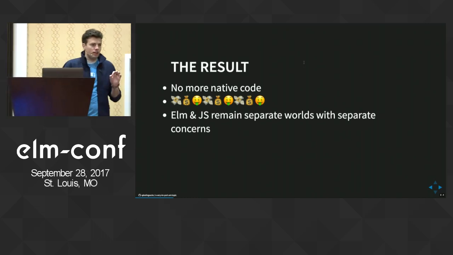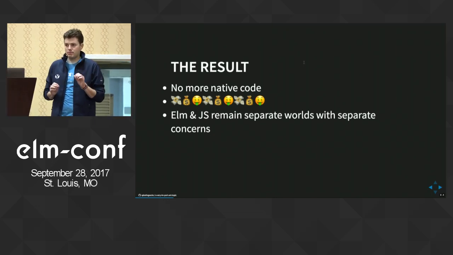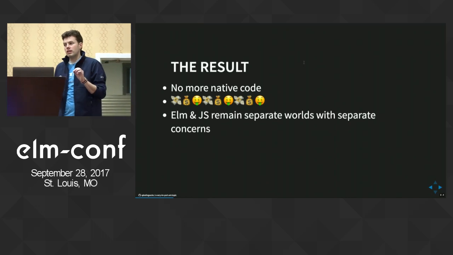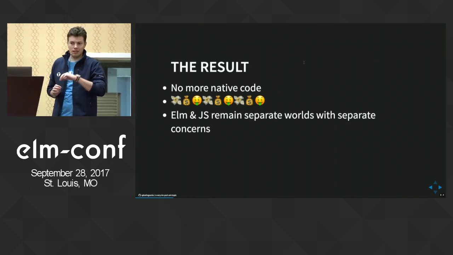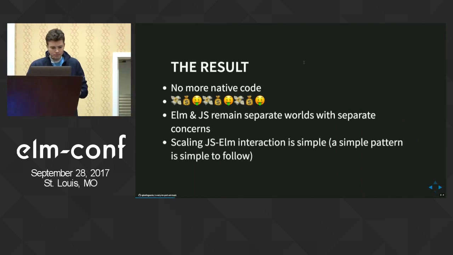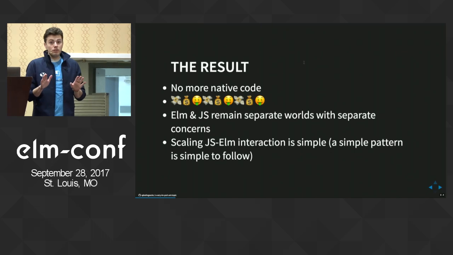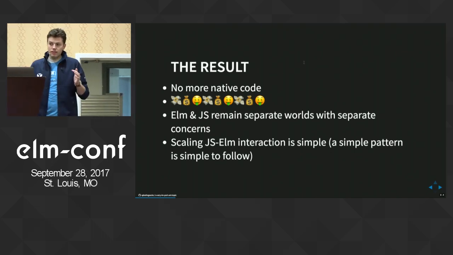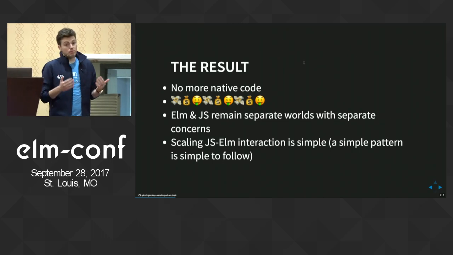Ports are Elm's way of interacting with JavaScript, and they keep the type system in Elm honest, because they make sure that only the values that are what you assume they are can come in or go out from Elm. So by using ports and using a design that we will talk about in a moment, scaling of the interaction between Elm and JavaScript became pretty straightforward.